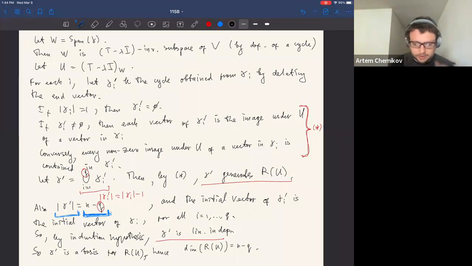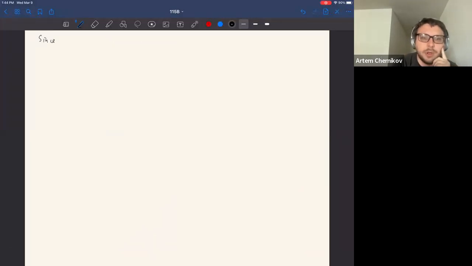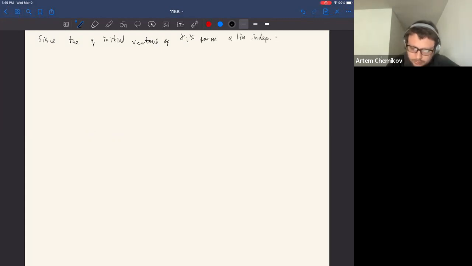And since we also have that the q initial vectors of the gamma i's form a linearly independent set by assumption, and lie in the null space of U. Yeah, because remember the initial vector, if you apply U to it once again, we get 0.